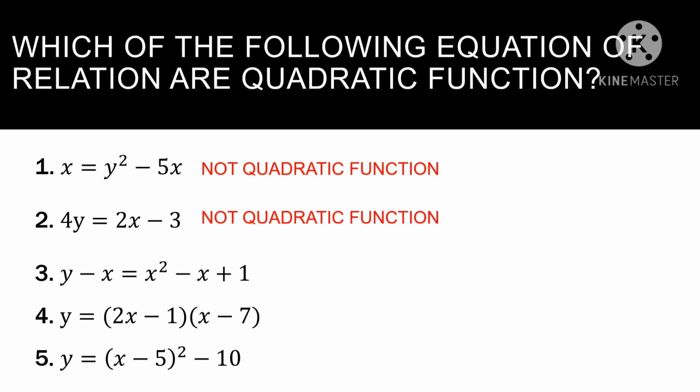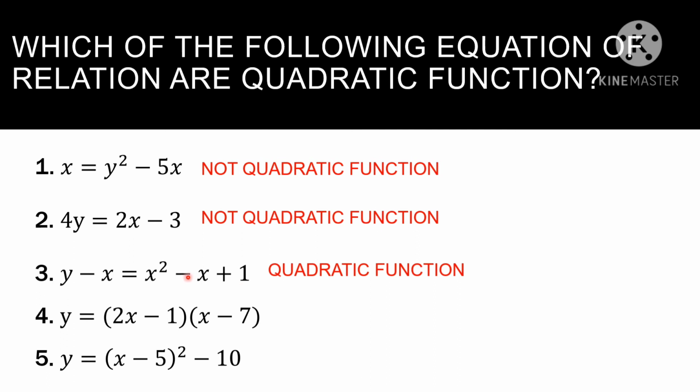Okay. So how about the third? The third one, the exponent of the variable x is 2, the highest, and your y, the exponent is 1, which is an odd number, not an even number. So therefore, number 3 is a quadratic function. Because if you simplify this one, we transpose this negative x to the right side, it will become positive x.